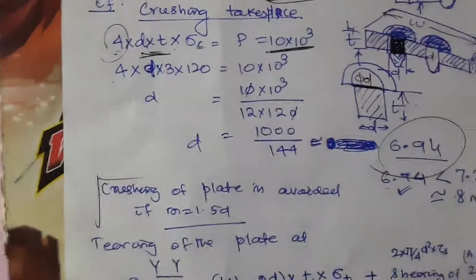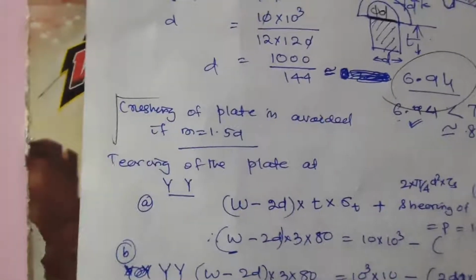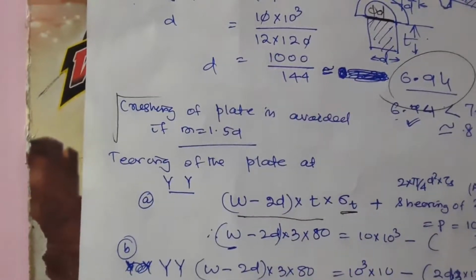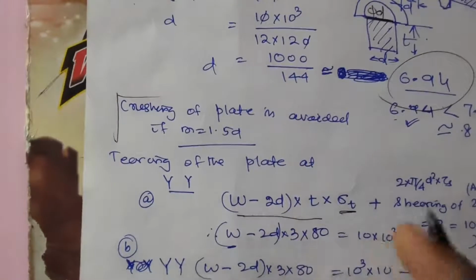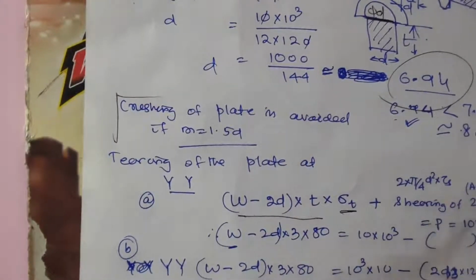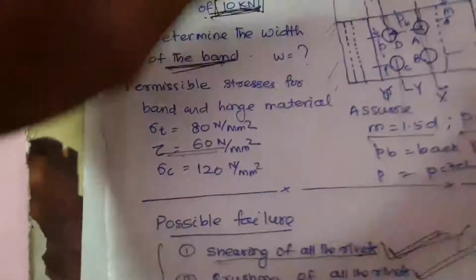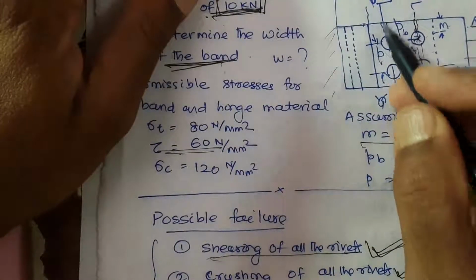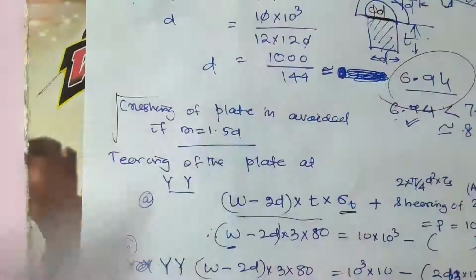So W minus 2D into T is the area, into sigma T, the tensile strength of the material. Plus the shearing of two rivets in front of it, because when it is tearing, the front rivets have to shear. So tearing plus shearing is the total strength.